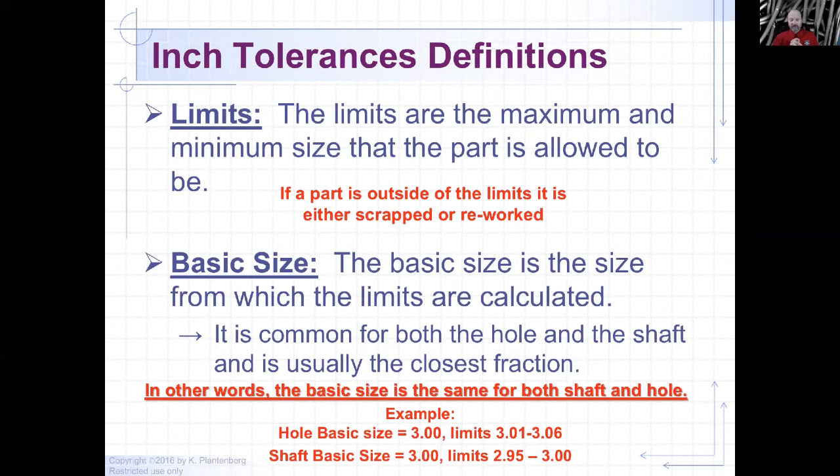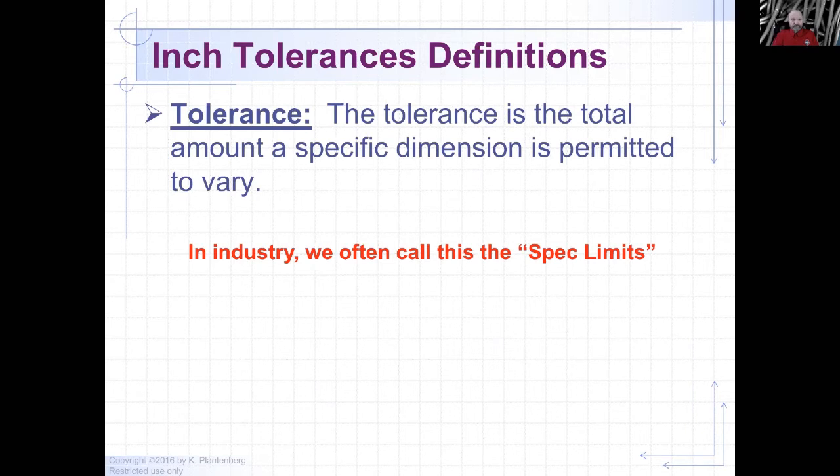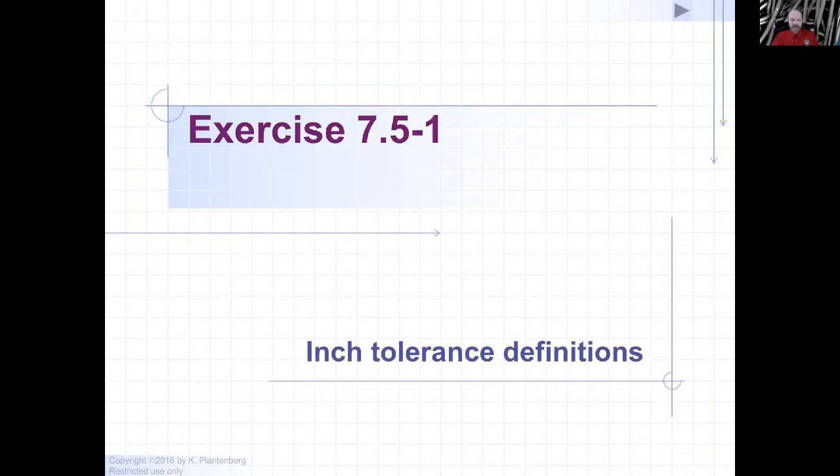And then the limits for the shaft could be 2.95 to 3.0. Okay, and this will make more sense later as we get into more details on tolerancing. So the tolerance is really how much it can vary, and we call that spec limits. All right.